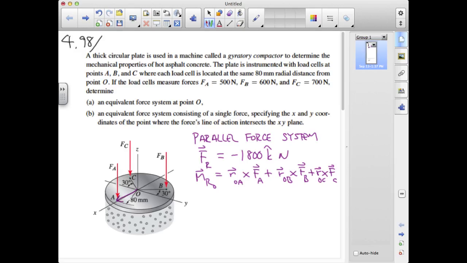If we like, we can extend this position vector out this way, and note that if we're crossing r into F using our right-hand rule, we are going to get a contribution that points in the plus j direction. So that's going to give us 80 millimeters times 500 newtons in j, and that's just 40 newton meters in j.